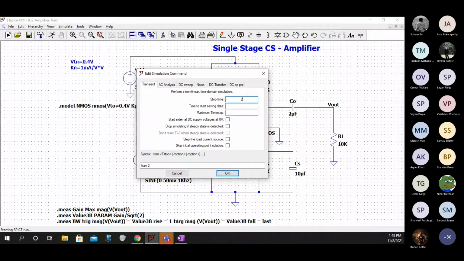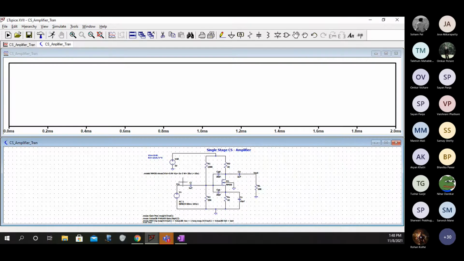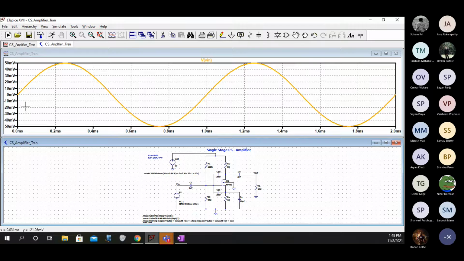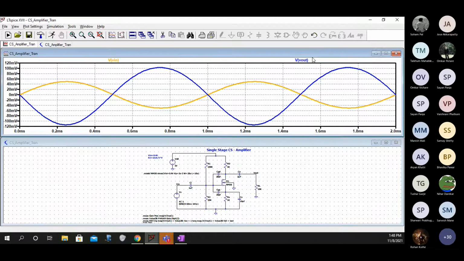So you can just write here 2 milliseconds, and this is your input, you can see that, and what you have here is your output. So you can see this is a little over 100, this is 50, this is a little over 100, so the gain is 2.17. So sinusoidally also it satisfies that.